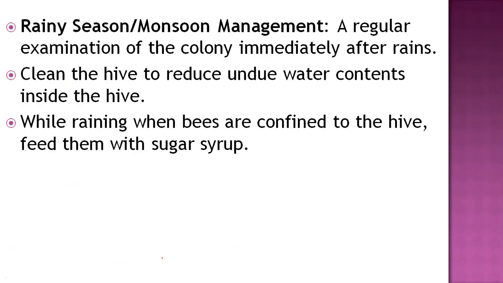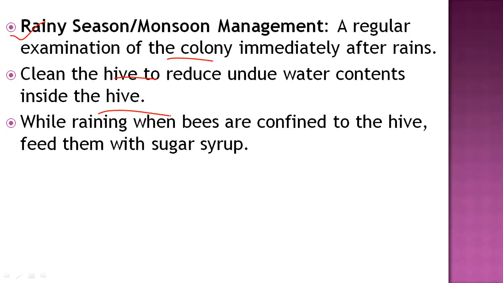Now the rainy season. In the rainy or monsoon season, the colony should be examined regularly, immediately after rains. If any harmful effect occurs inside the colony, we have to remove it, give protection, and implement different management practices, and clean the hive to reduce water content inside the hive.